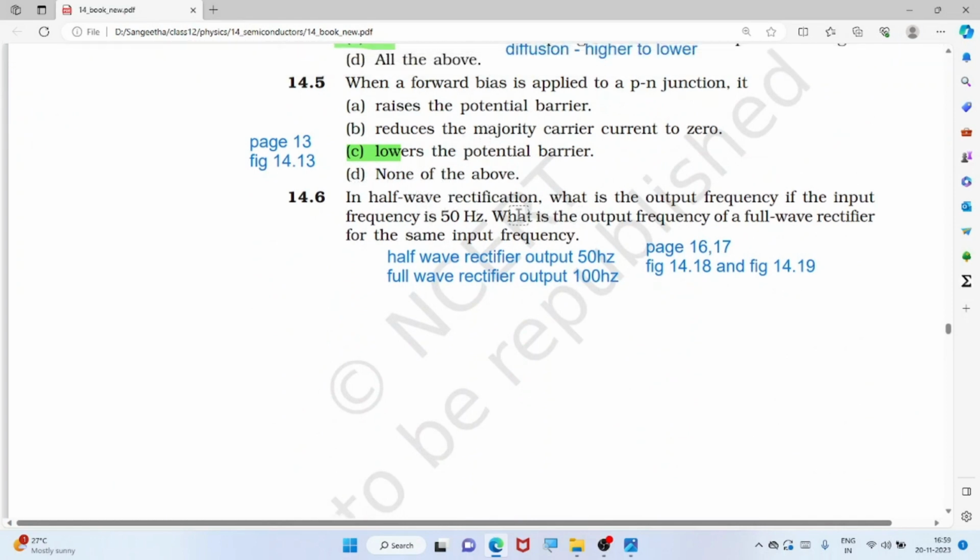In the half-wave rectifier, what is the output frequency if the input is given? I already showed you the half-wave rectifier. The output frequency will be the same as the input frequency, but for the full wave rectifier it is doubled.